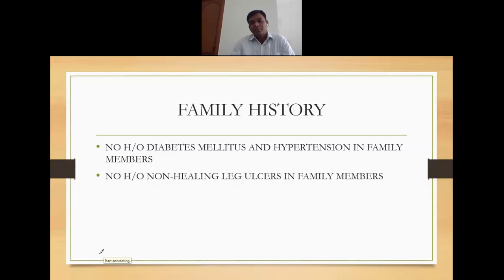Usually malignancies, yes. Suppose malignancy and ulcer, you are only having two things like basal cell carcinoma, squamous cell carcinoma. And if they get such things, you will not have a history of non-healing ulcers in family, is it not? So you want to rule out malignancy, so you ask history of malignancy.